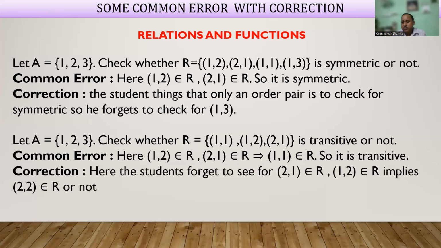Again, what is the correction here? Students forget to see that if (2, 1) belongs to R and (1, 2) belongs to R, then for transitivity (2, 2) must be there, but (2, 2) does not belong to R, so this relation is not transitive.